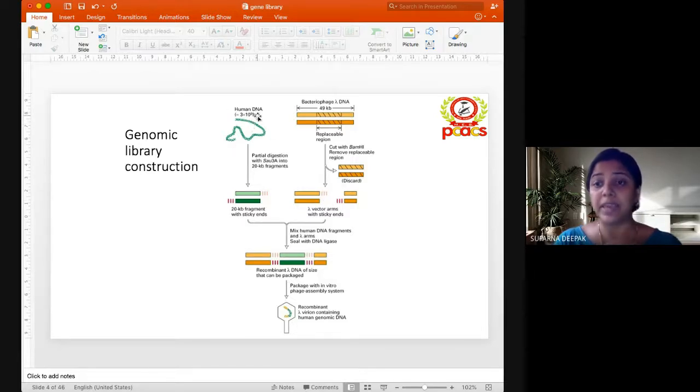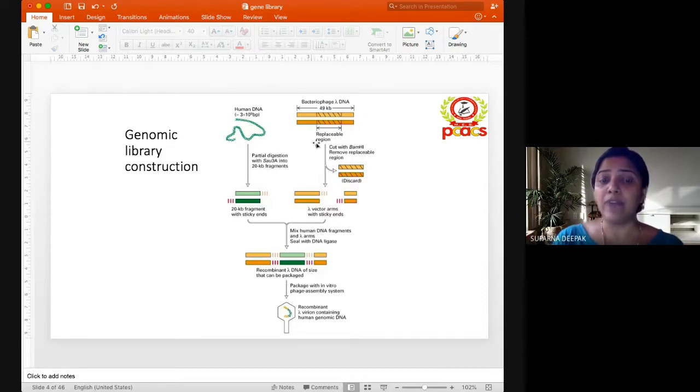For example, if I am making the genomic library for human DNA, I'll have the human DNA, and that DNA is going to be digested. It's a partial digestion, which means not all the sites are going to be exploited in this case. You're using Sau3A, just as an example, so different 20 kb fragments are produced with sticky ends.